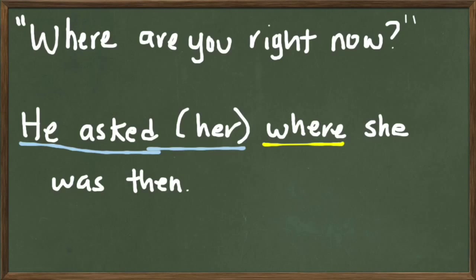We have the subject, she, and we finally have the reported information, was then. Present in the original, past in the reported. Time expression in the original, reported time expression. This moment, that moment. Just to make clear.